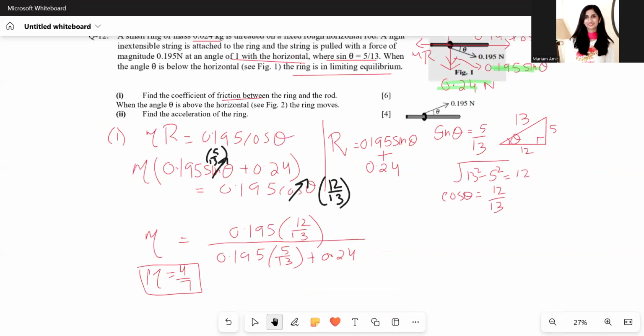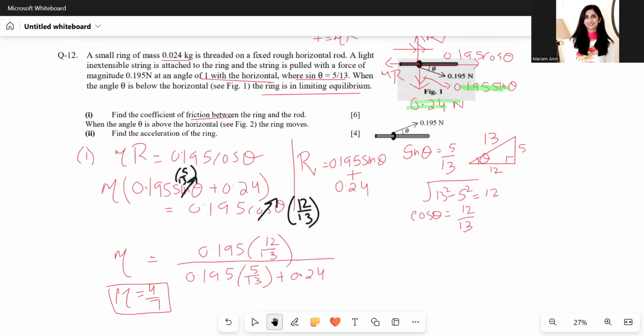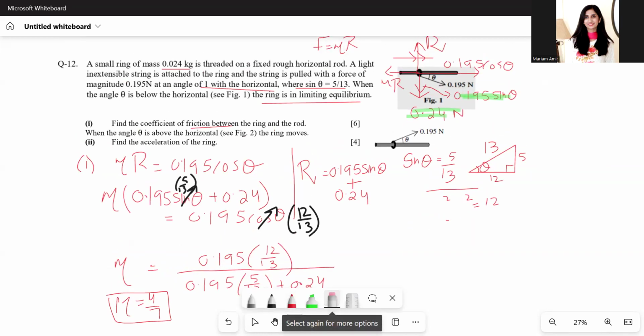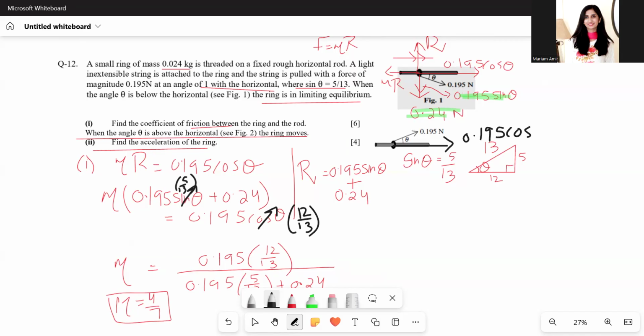Find the acceleration of the ring. Before that, it says that when the ring is theta degrees above the horizontal, the ring moves. Find the acceleration of the ring. So now in this setup the ring is moving, which means we're going to have a forward force, 0.195 cos component.